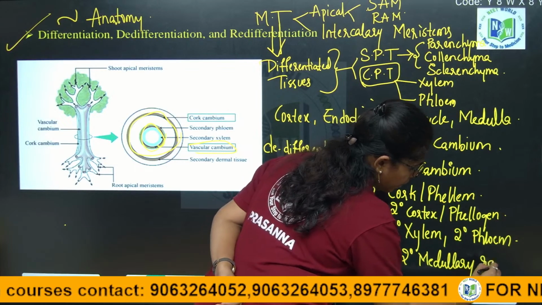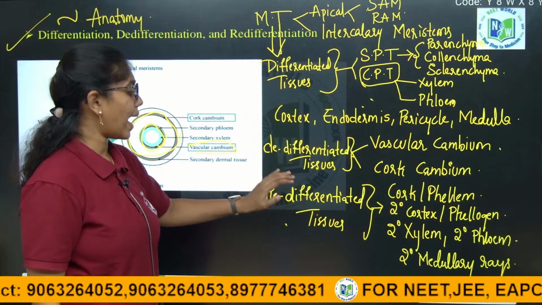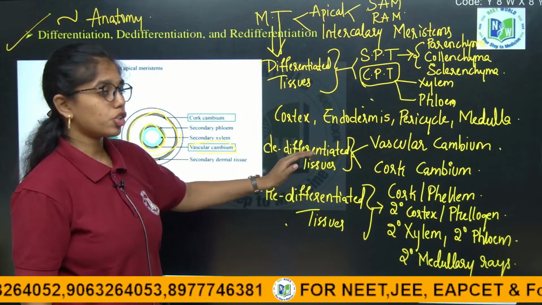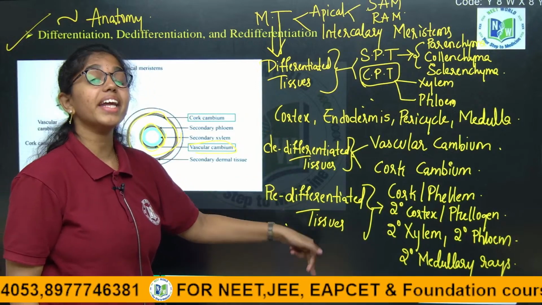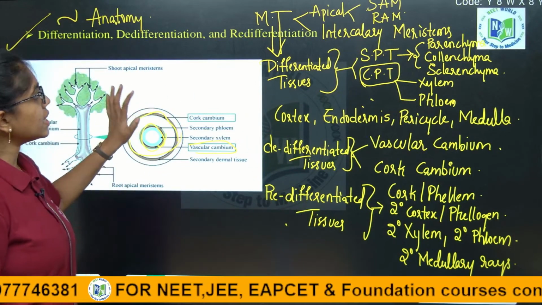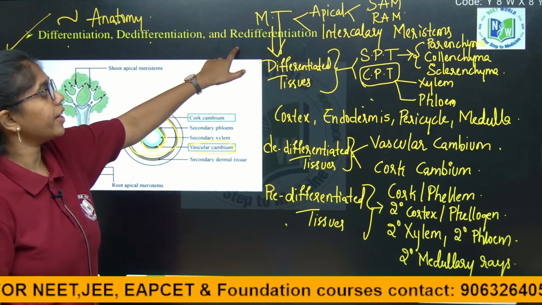These cells are formed due to the activity of secondary meristems or dedifferentiated tissues, so they are called redifferentiated tissues. This is the whole concept of differentiation, dedifferentiation and redifferentiation.